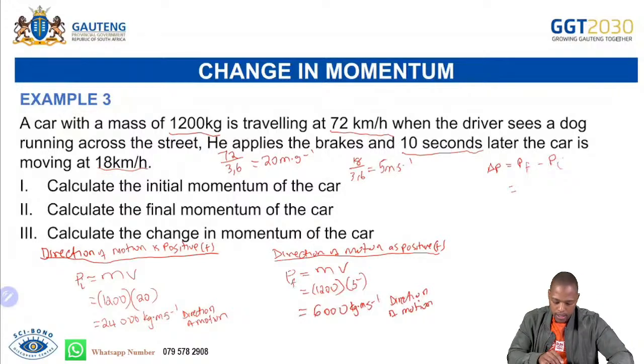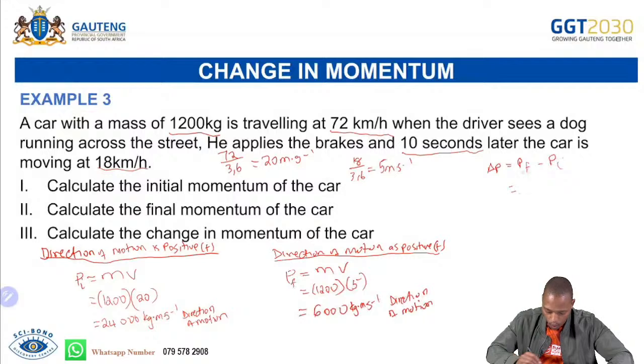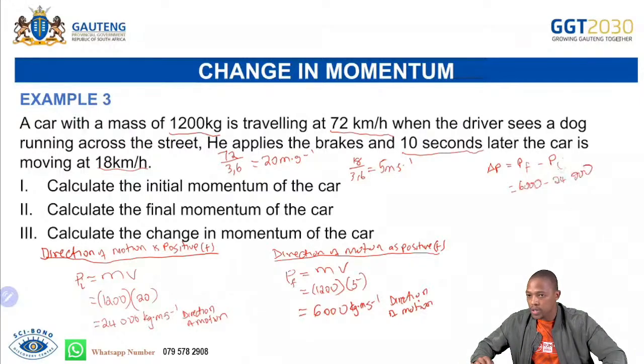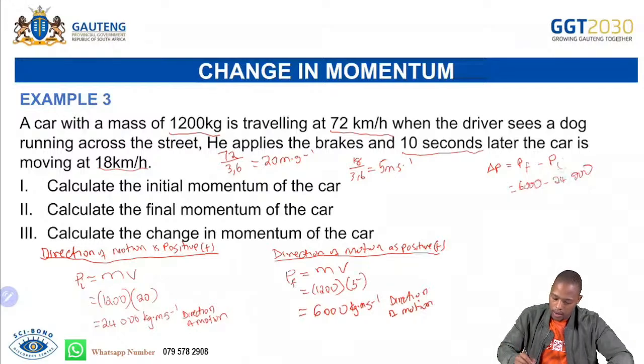So I can simply take these numbers and substitute them. PF is 6,000 minus PI, which is 24,000. So I'm going to do 6,000 minus 24,000. I should get an answer of negative 18,000 kilograms meters per second.